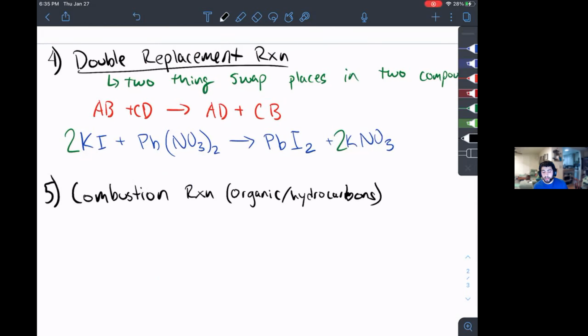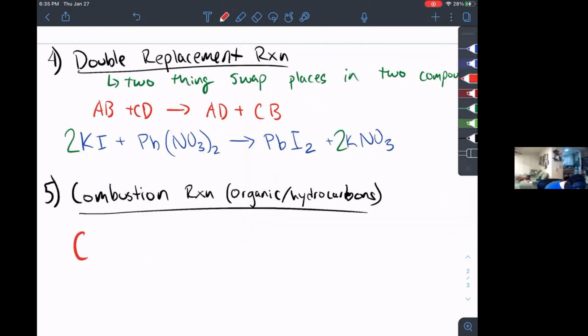Some metals combust like most alkali or alkaline earth metals. We're not looking at that. We're only looking at combustion of organic material or hydrocarbons. And this doesn't actually follow something that I can say AB plus CD, AD, CB. This follows a very, very straightforward type of reaction.